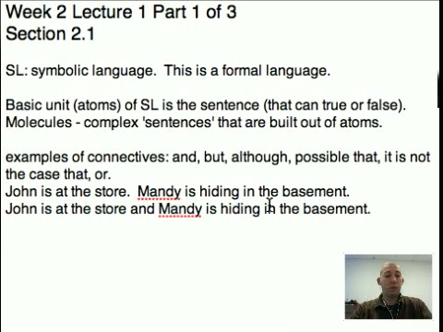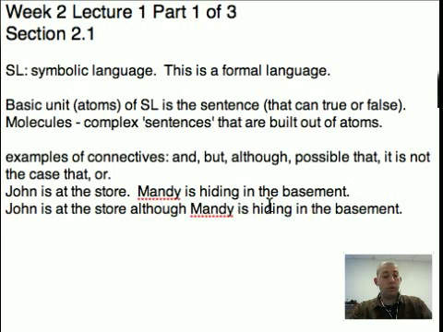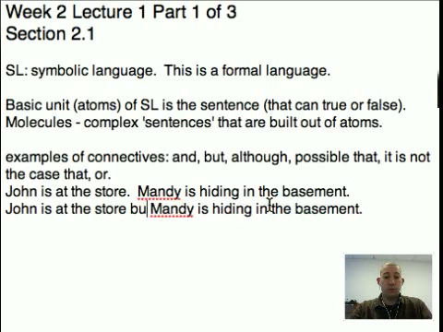But I could also replace this and with or and get a new sentence. And I can also use the connective although and still get a new sentence. I could also use the connective but. John is at the store, but Mandy is hiding in the basement. Now, just adding in any connective might not make the sentence make sense.